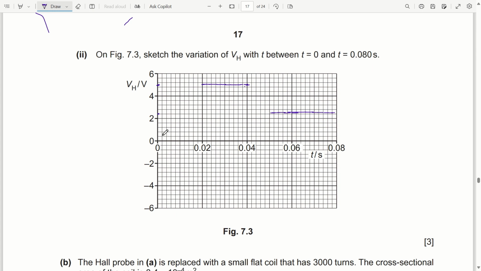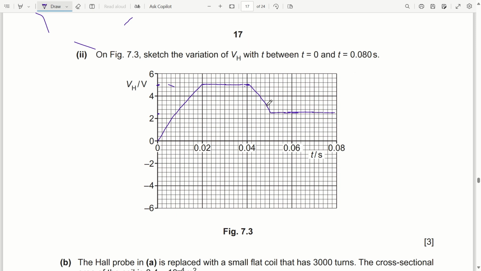So from this region I join a straight line, then again a straight line like this. Wait, I have to join these 2 points. So this will be the graph. Let's move on to the next question.